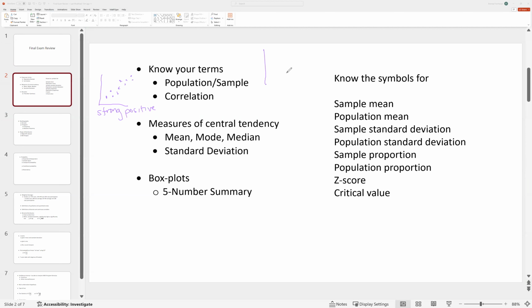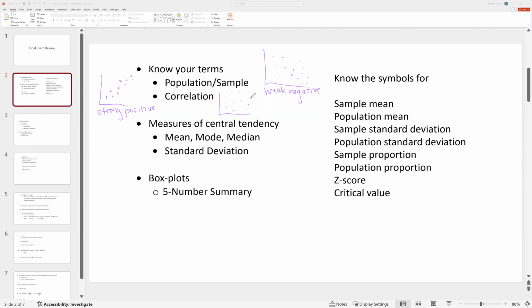as opposed to maybe something like that. You see a little bit more of a downward look here, and I would probably go here weak negative. Now, keep in mind, there is also a choice for no correlation. And I got to be honest, my weak negative is starting to look like no correlation. But no correlation really would be just very, very random.